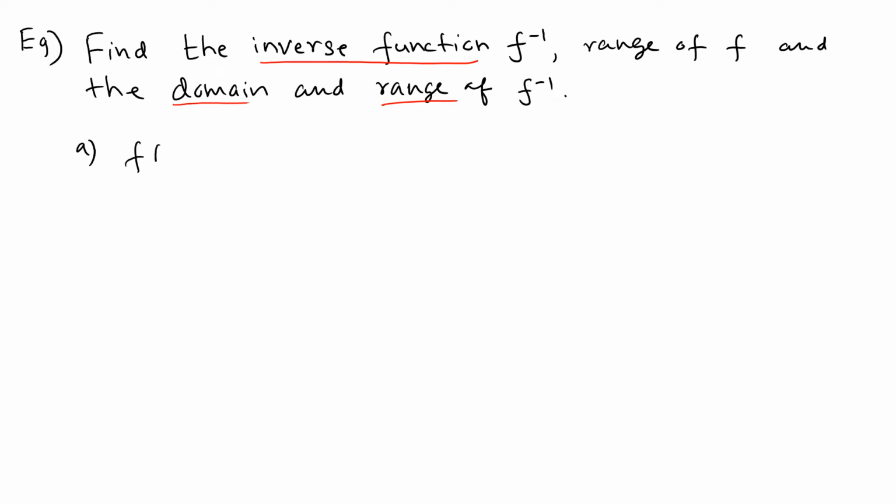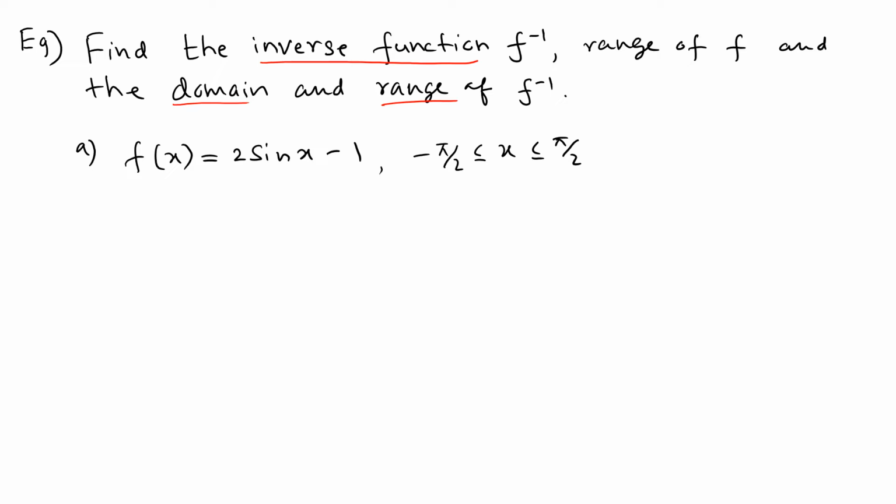Let's say f of x is given as sine x minus 1, with the domain of x from negative pi over 2 to pi over 2. You can see that this exactly matches the range that we discussed for the sine inverse function.